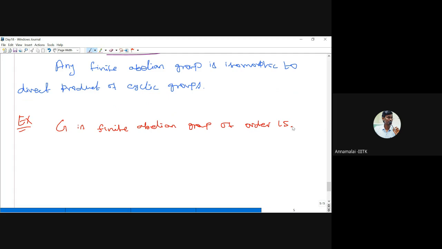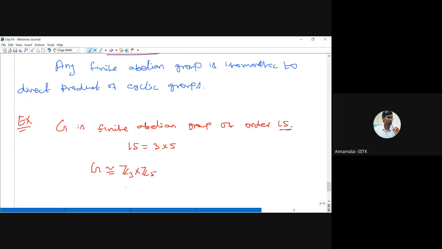Now, how to write this G as a direct product of cyclic groups. First we have to factor 15 into a product of prime powers. So 15 can be written as 3 times 5. Therefore, we can write G is isomorphic to Z3 cross Z5. This is one way.